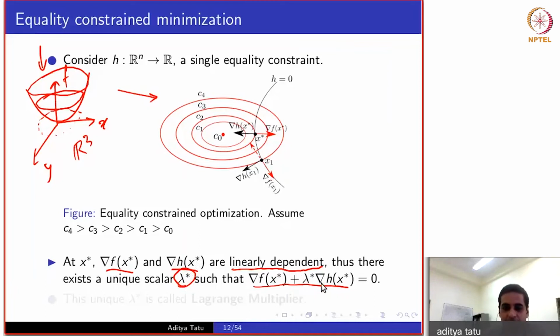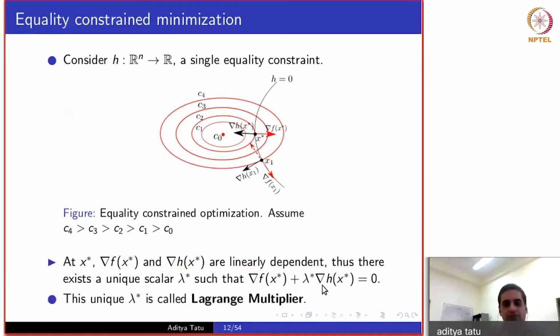This specific value lambda star, hopefully some of you may have heard this term, this lambda star or the variable lambda is what is called the Lagrange multiplier. And the condition that x has to satisfy if x is a minima is this.